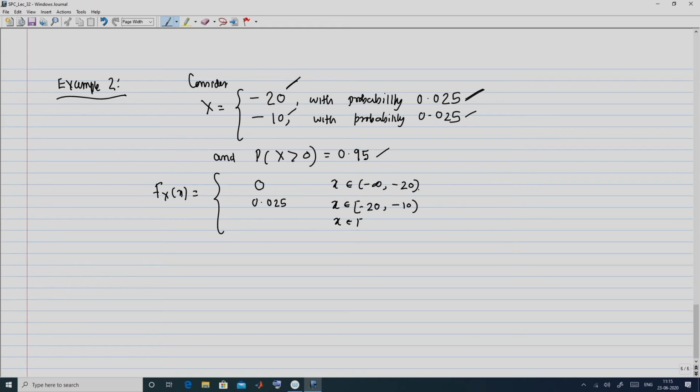Likewise, when x is from -10 to 0, then now I have to include this probability of 0.025. So, the cumulative probability will be 0.05, and when x belongs to 0 to infinity, I will make it greater than or equal to 0. So, this turns out to be equal to 1 because I have to add this probability of 0.95.